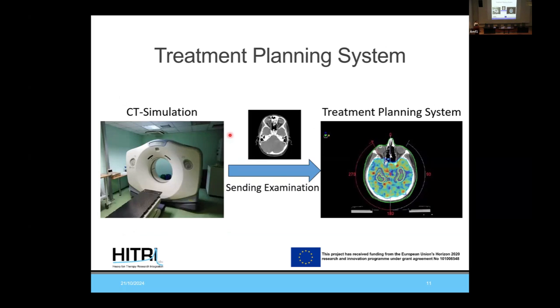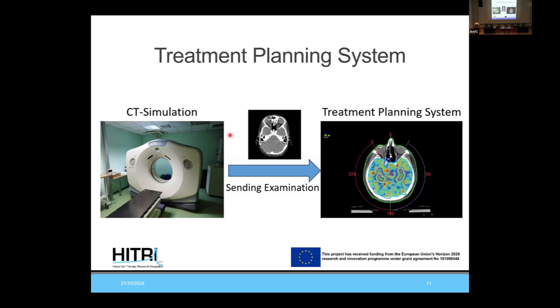So, okay, the patient goes to the CT simulation. We are having the images, great. They are sending the examination, and here comes, after that, the treatment planning system that is going to have all the images, all the information that we need for delineation, for dosimetry.